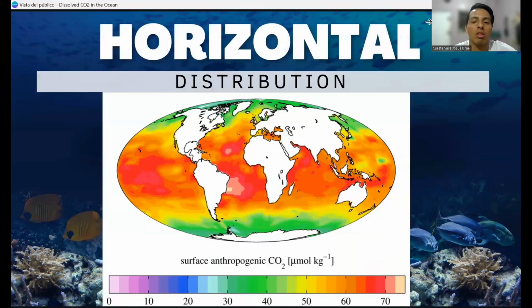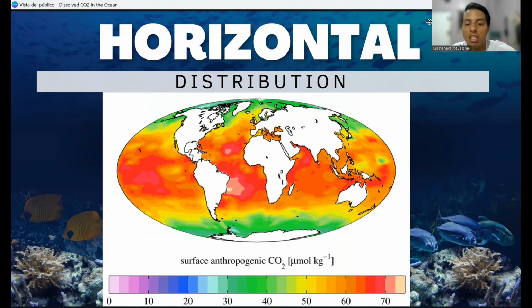What about the horizontal distribution of CO2? The horizontal distribution in the surface ocean is mainly governed by the temperature-dependent solubility of CO2 on interannual timescales. Warm, low-latitude surface water generally holds less CO2 than cold, high-latitude surface water because of the enhanced solubility at low temperature.